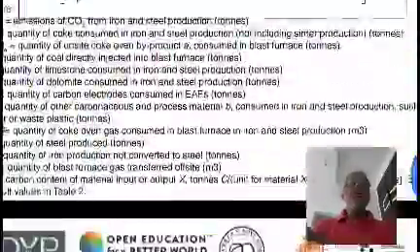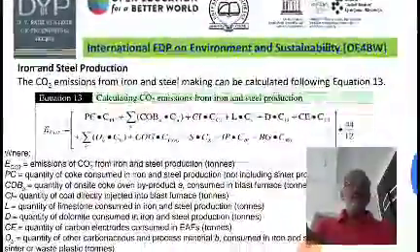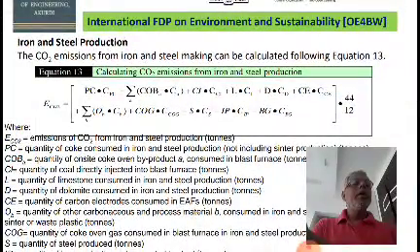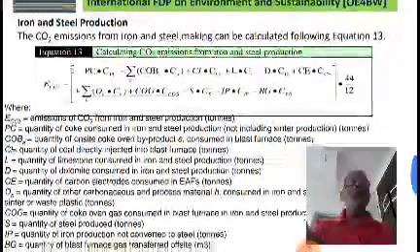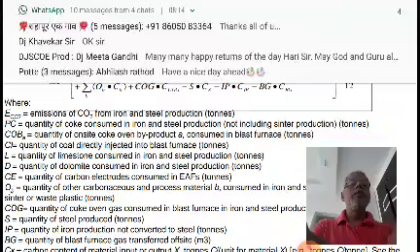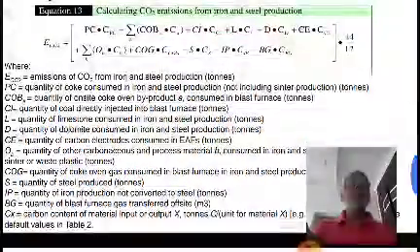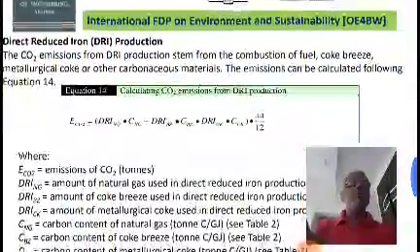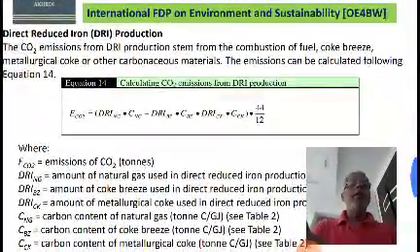Then the iron and steel production, the CO2 emission from the iron and steel making can be calculated using equation number 30, which is given here. This is the big equation. You can see these are the different elements involved in this equation, and you have to substitute the values which are available in the data.